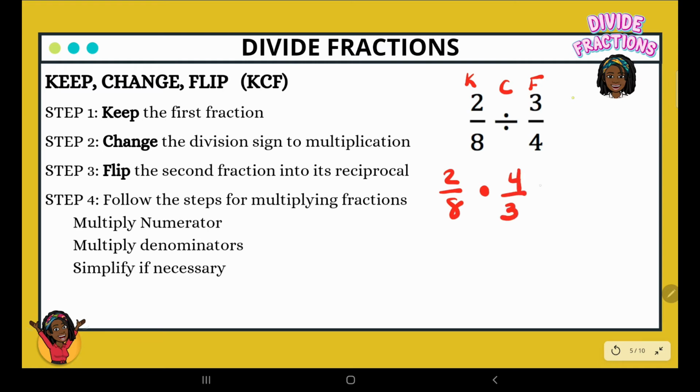Now we multiply as we normally would. 2 times 4 is 8. 8 times 3 is 24. Then we simplify because we know that 8 and 24 can be simplified. 8 goes into itself once, and 8 goes into 24 three times. So the simplified fraction of 8/24 is 1/3.